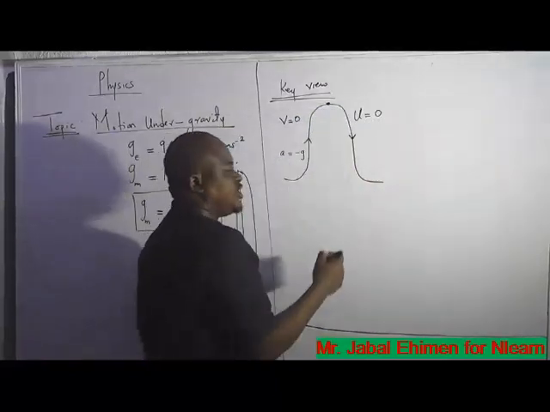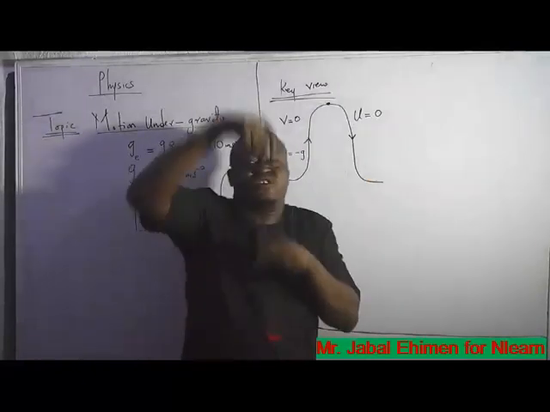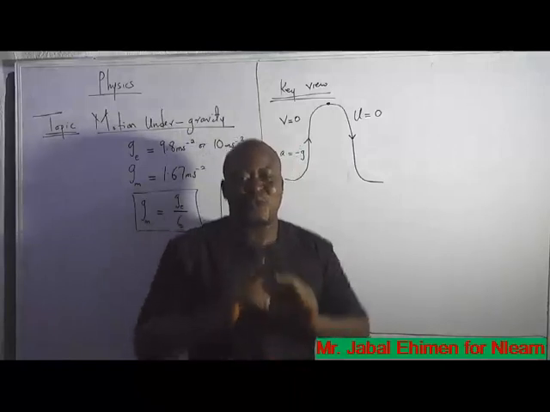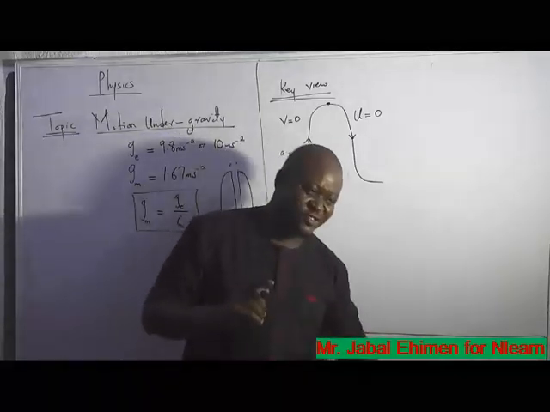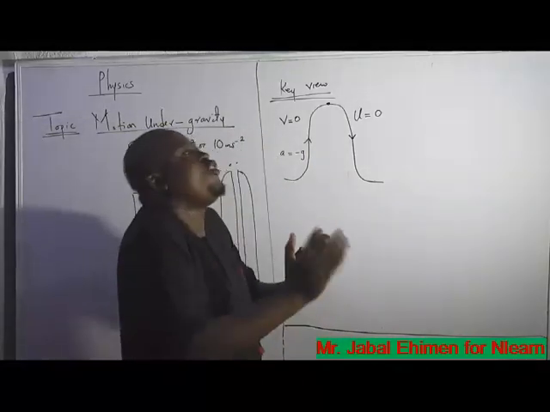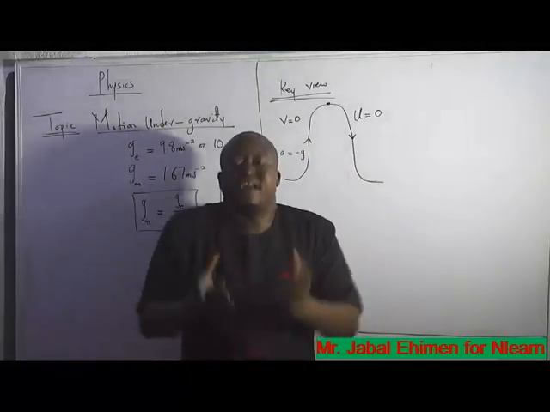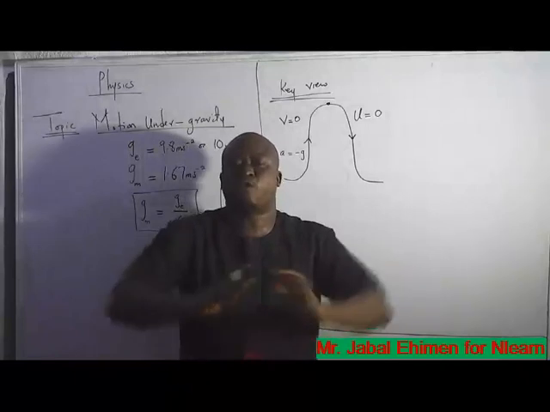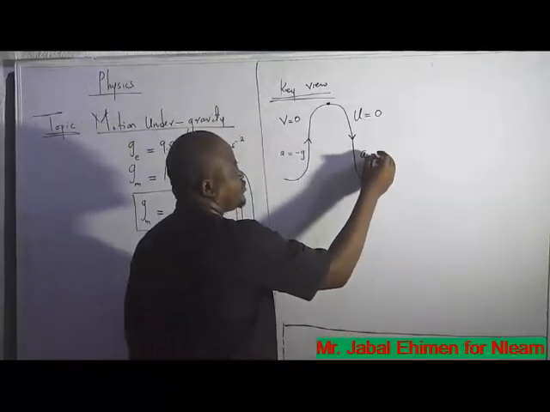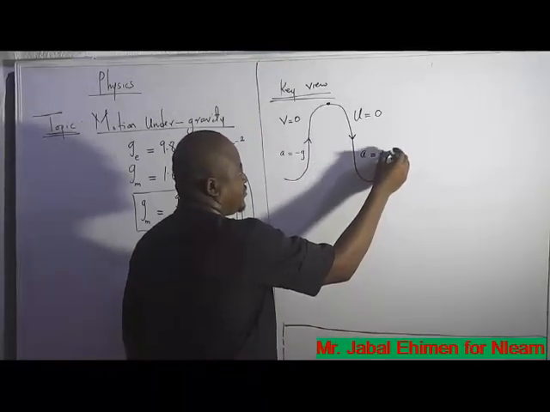But g is no longer against gravity when it's falling. It's now under gravity. When you are against gravity, it's minus g. When you are under gravity, it's not falling against gravity, it's falling under the influence of gravity. It's no longer quarreling with gravity. So because of that, a equals plus g.